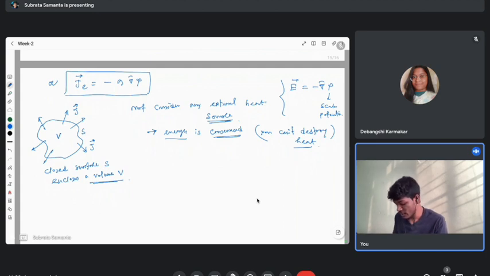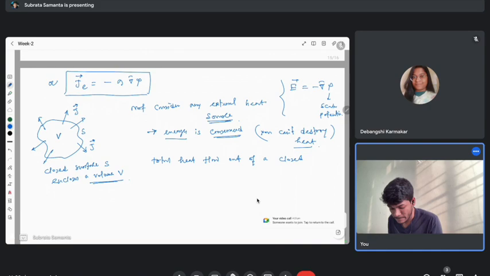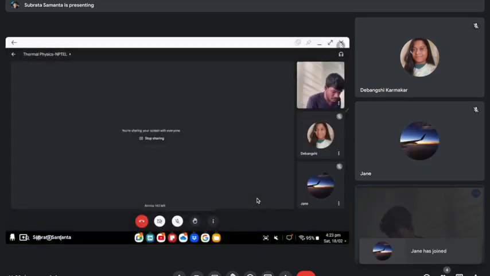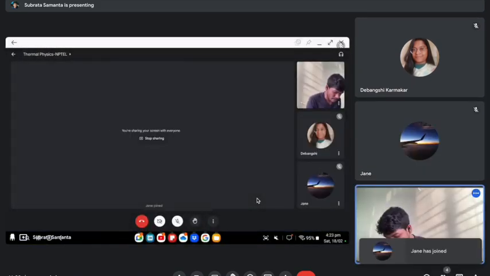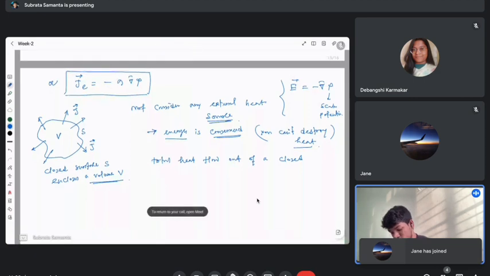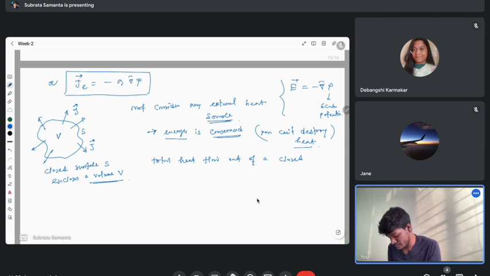So now we calculate the total heat flow out of this closed surface. Okay, so we calculate the total heat flow out of a closed surface.